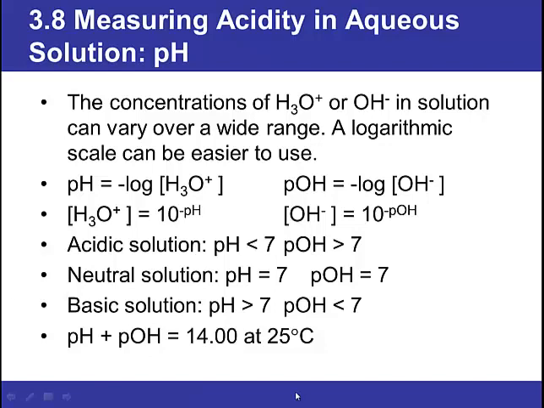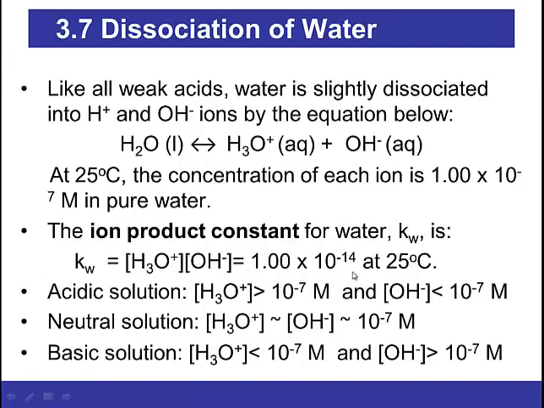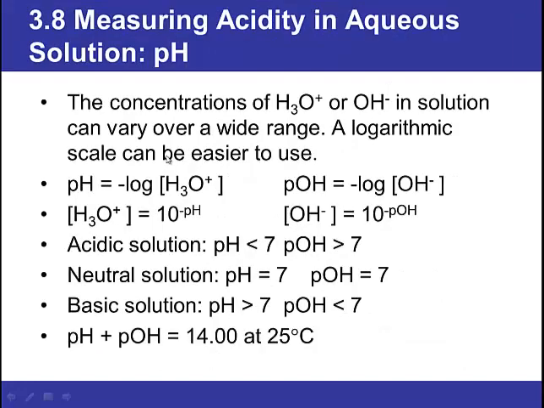So the main equations that you should be familiar with and remember is this equation here. This statement will always be true. Our proton concentration times our hydroxide concentration equals 1 times 10 to the minus 14. These two equations here are really important for calculating pH. pH is the minus log of our proton concentration, and our proton concentration equals 10 to the minus pH.